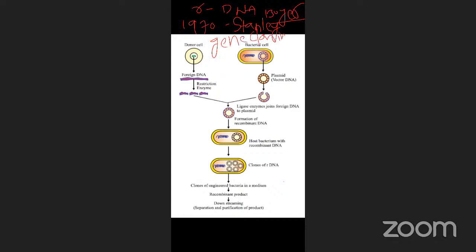In rDNA technology or gene cloning, there are some important steps. First, write down identification of the desired gene from the donor cell.